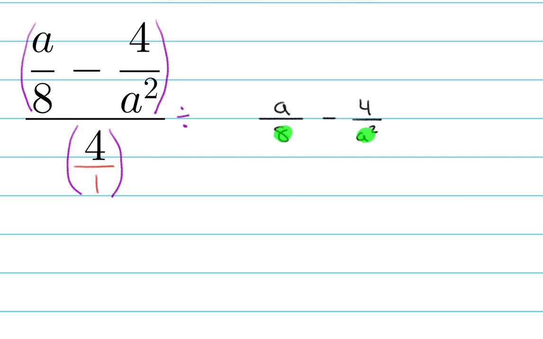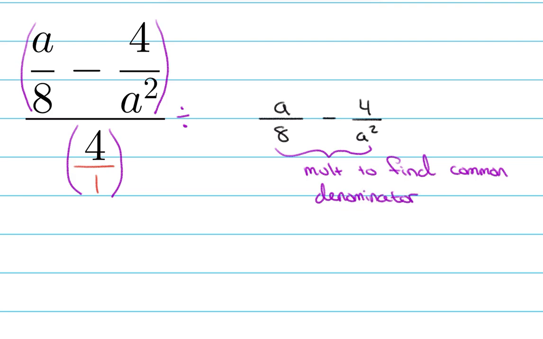How do we do that? We're just going to multiply the two denominators to find a common denominator. And that always works. You might have to simplify more later, but if you just want a surefire way of finding a common denominator, just multiply your denominators together.